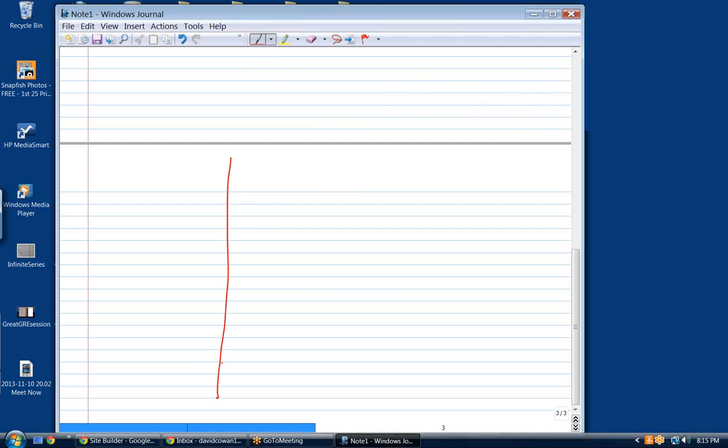Let's say I have a table of data that translates to these points. When x is 1, y is 1. When x is 2, y looks to be about 2. When x is 3, y still is about 2.